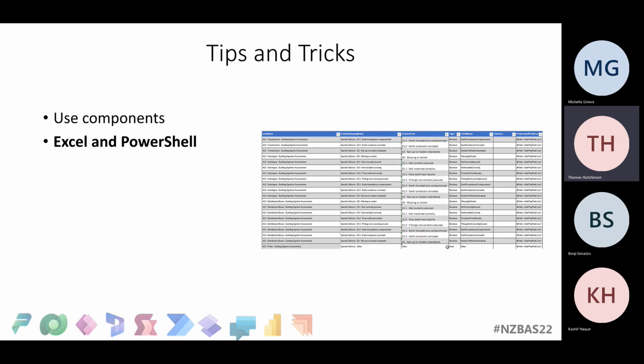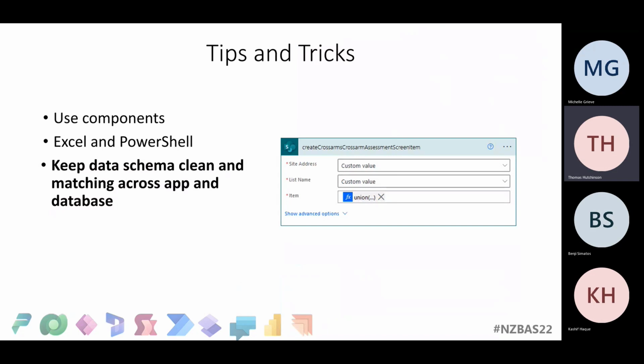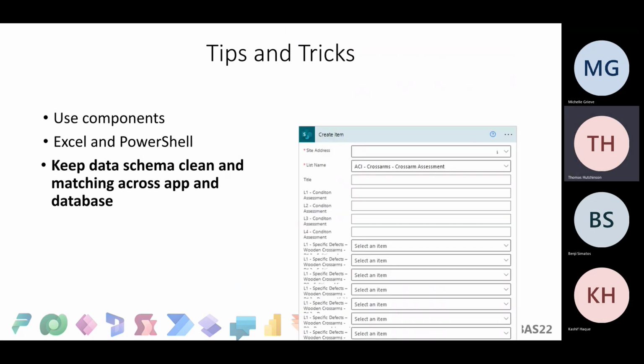Keeping all those naming conventions standardized was a big help. This talks about keeping your data schema clean and matching across the app and database. Keeping the field names the same, the internal names in my SharePoint fields and the names in the data schema, meant I could do this instead of that.